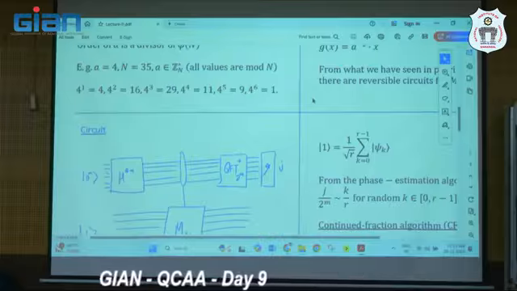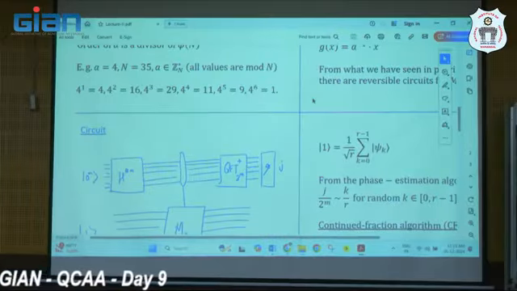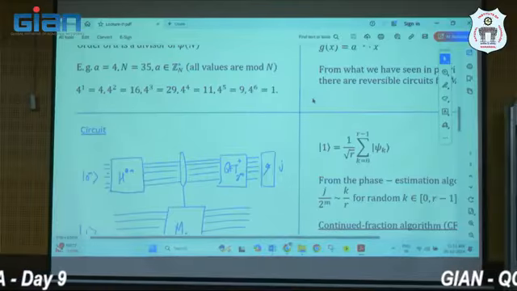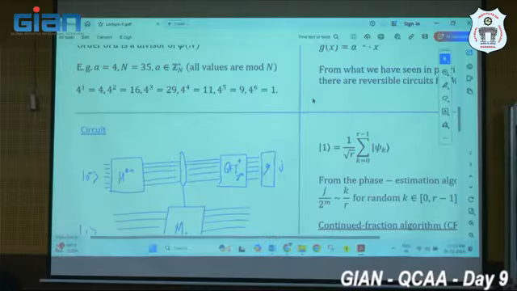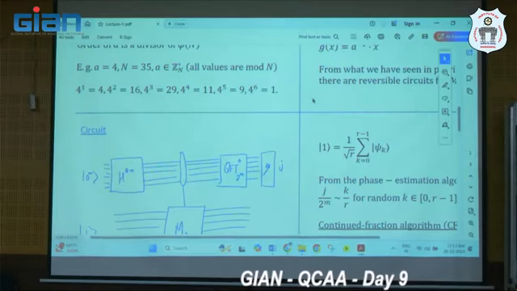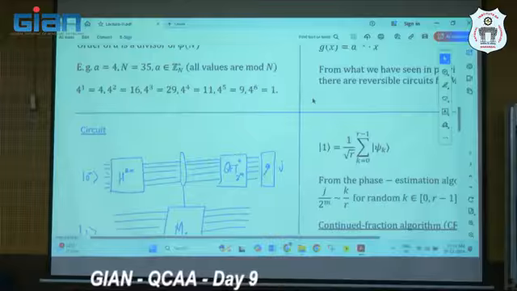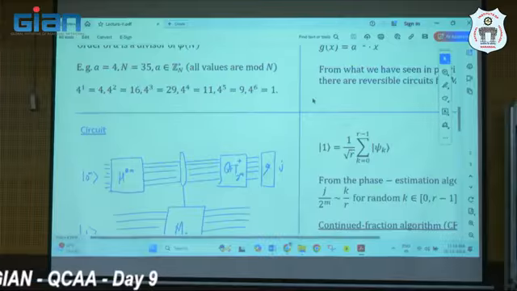Now 4 to the power 4. You will need a calculator. Correct? Huh? 250. Mod 35. What is it? Calculator. You have calculator? You can check out in your phone. 11 is correct.